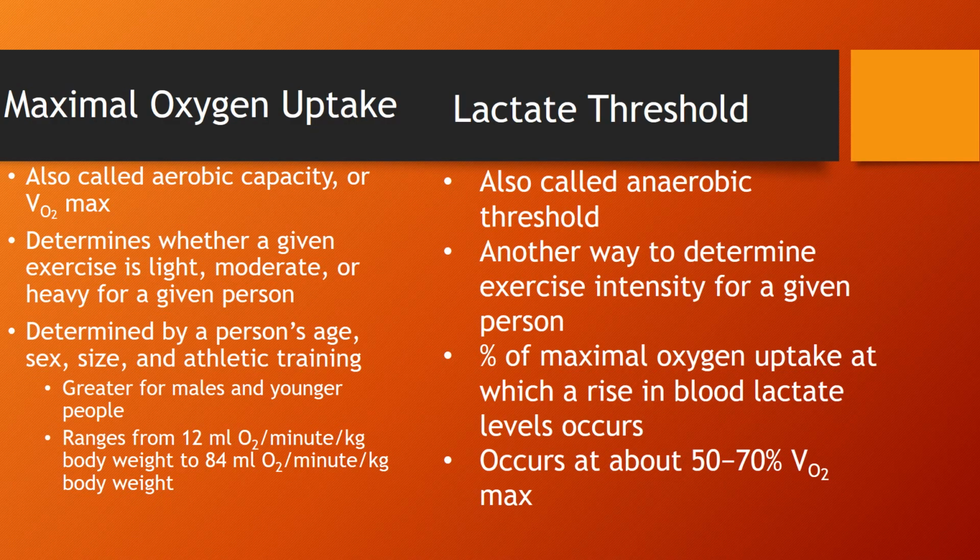And typically we see this being higher in males than in females, and younger people will peak at about 25 to 30, and then it steadily starts to decrease after that. The ranges for normal considerations are 12 milliliters of oxygen per minute per kilogram of body weight on the low end, and on the high range 84 milliliters of oxygen per minute per kilogram of body weight.